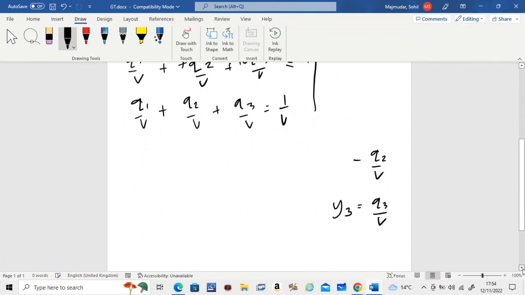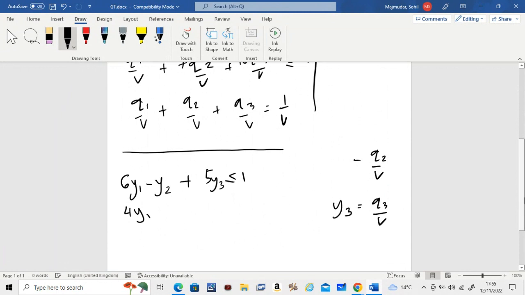So now the inequalities become 6y1 minus y2 plus 5y3 less than or equal to 1. The second equation becomes, now these are the constraints. If you remember the linear programming, these are the constraints that are coming through.